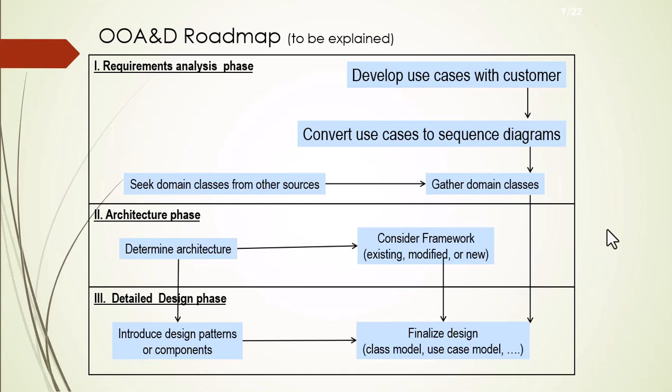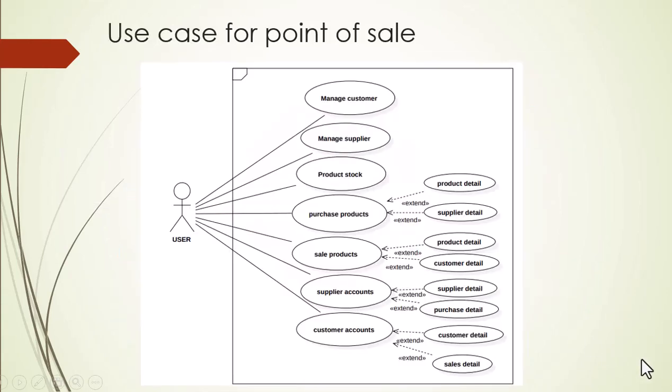In the next lecture we will talk in more detail about the different architecture patterns. So the architecture pattern is selected, the modularity structure is specified, and then detailed design is started. So detailed design is created, and then implementation starts based on the architecture design, and these domain classes help in the coding. So let's talk about the example, a big example as a case study: use case for point of sale.